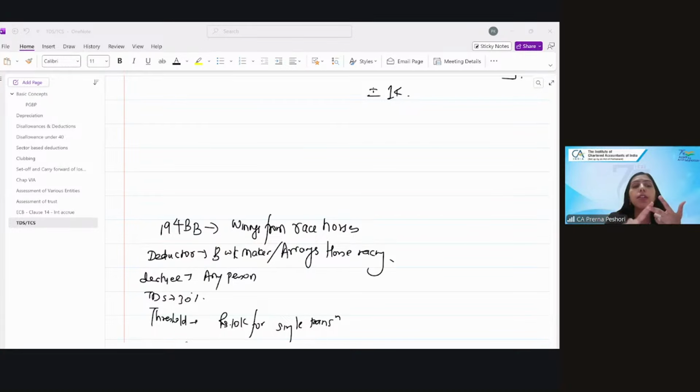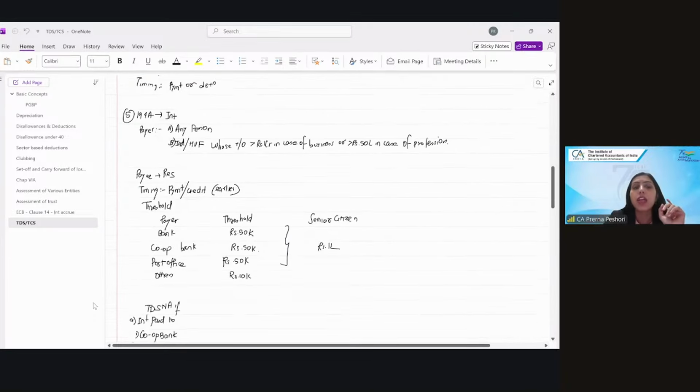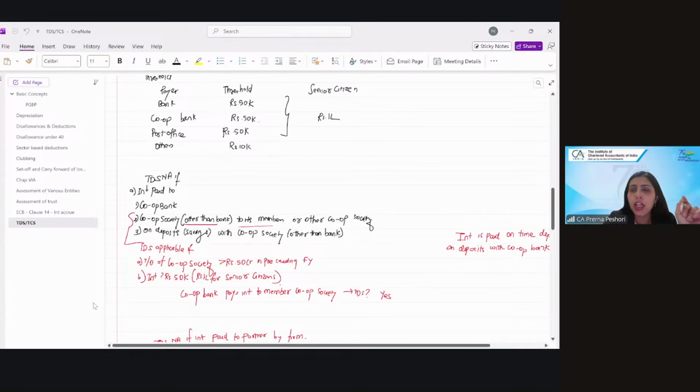Now, coming to 194A, let us go back over it. Under 194A, TDS is not applicable if the interest is paid to a cooperative bank, or paid by a cooperative society other than a bank to its members or to any other cooperative society, or on the saving deposit kept with a cooperative society which is not a bank.